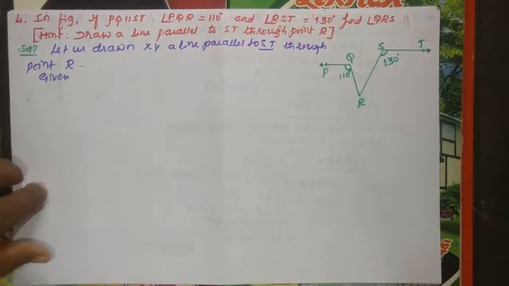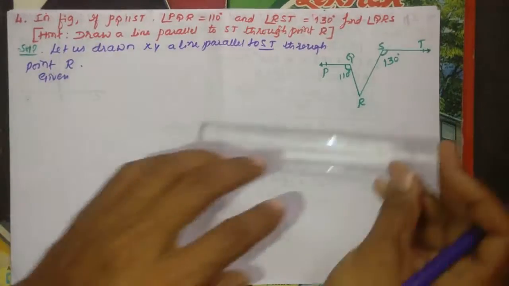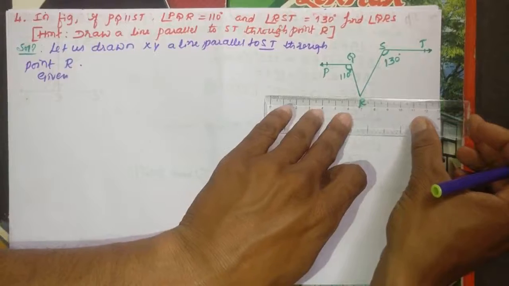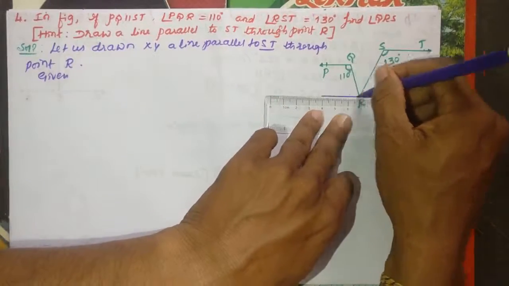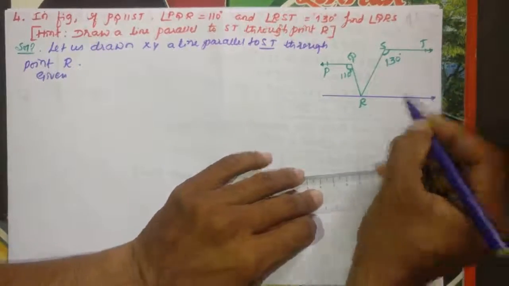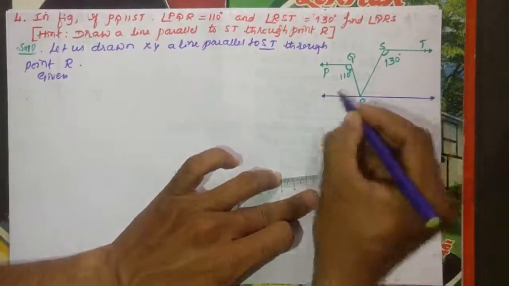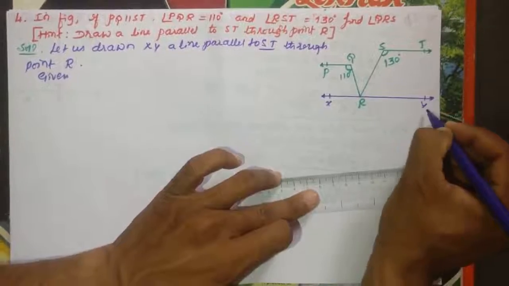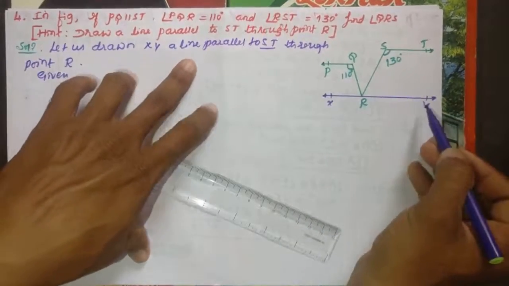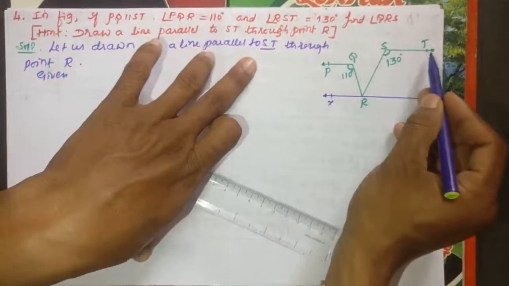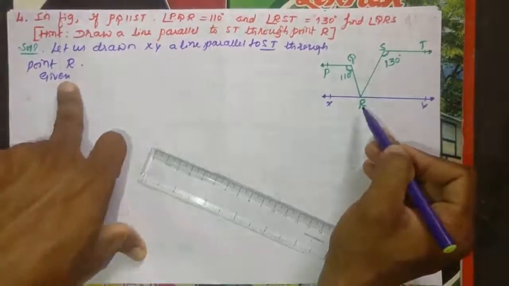First I will draw this parallel line. Draw XY, a line parallel to ST, through point R.